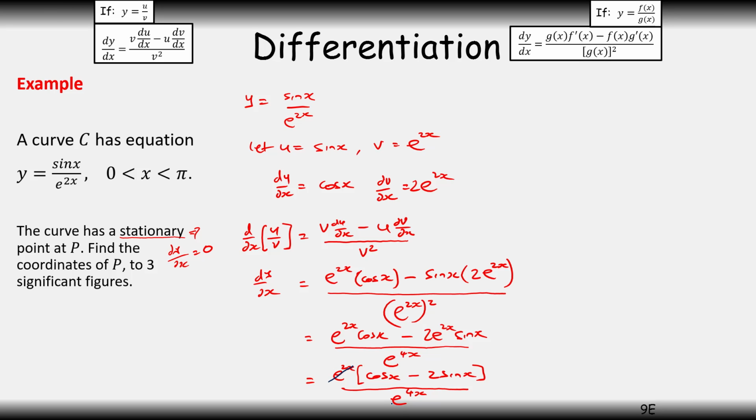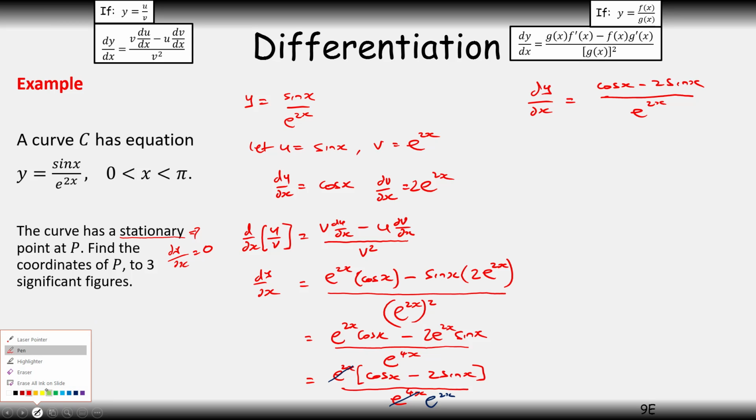That cancels with that, leaving us with e to the power of 2x. So that's our differential. Let's just state that here. dy over dx is equal to cos x minus 2 sine x, all divided by e to the power of 2x.